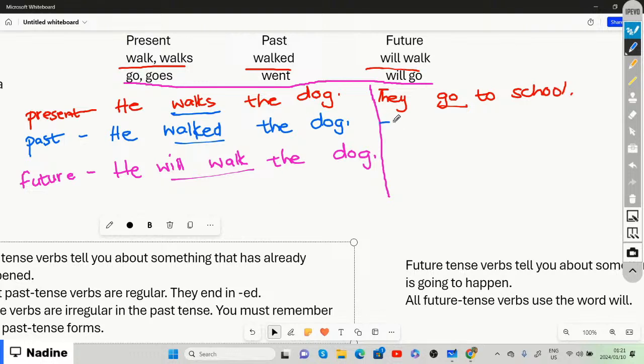So we can then say they went, irregular, to school. So in the present tense, something that is happening now, we can say they go to school. But in the past, we say they went to school.